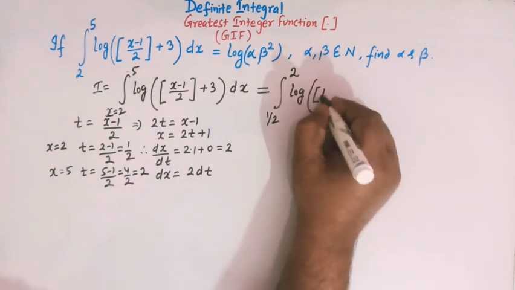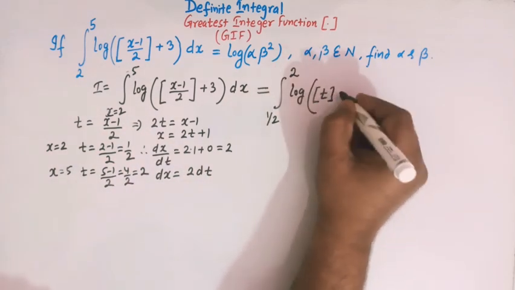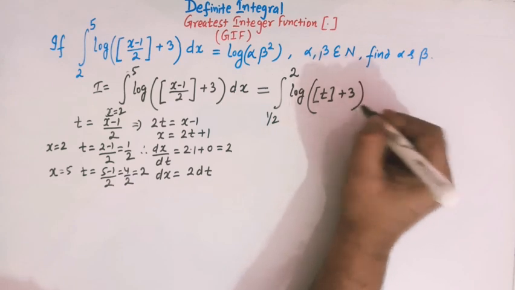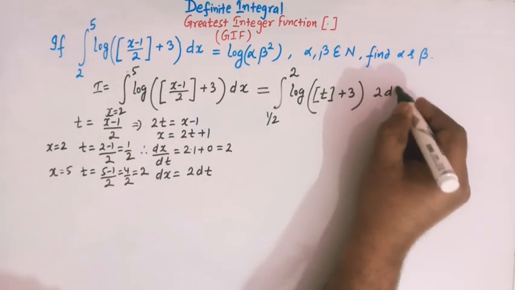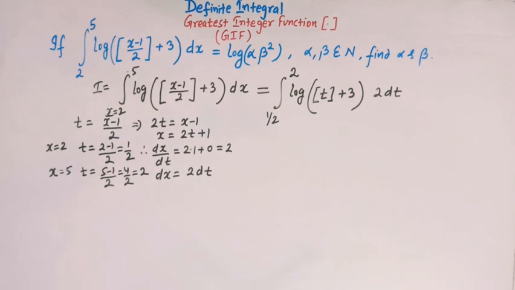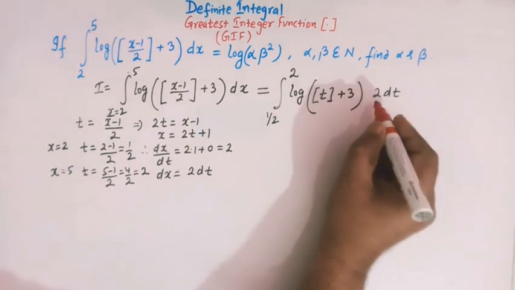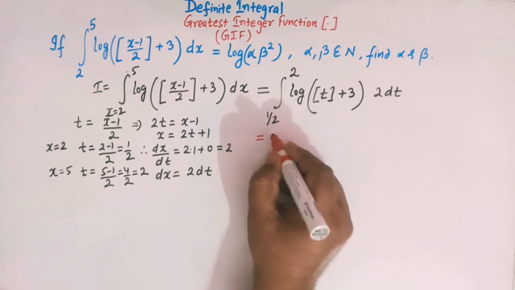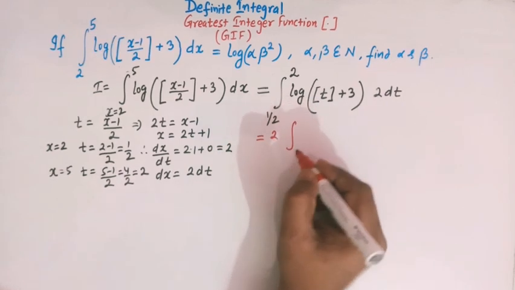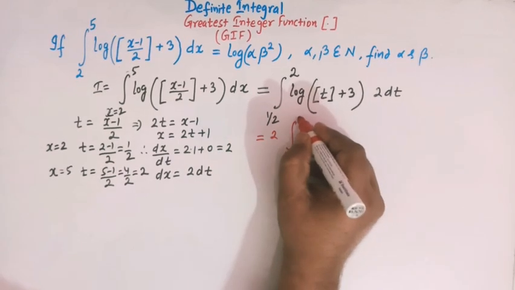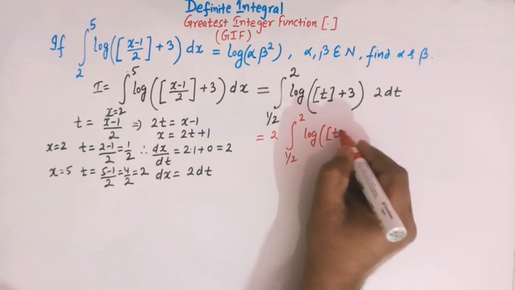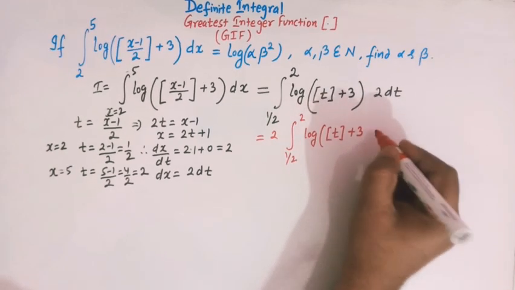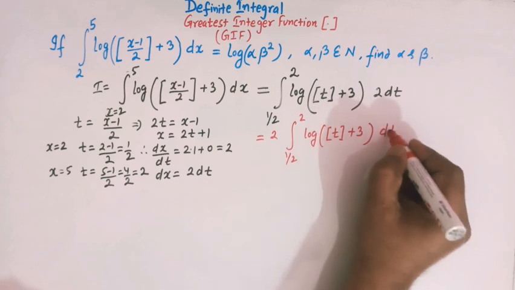So here we have greatest integer of t plus 3, and for dx we can write 2 dt. Now we can take this 2 outside the integral. So we have 2 times the integral from half to 2 of log of greatest integer of t plus 3, dt.